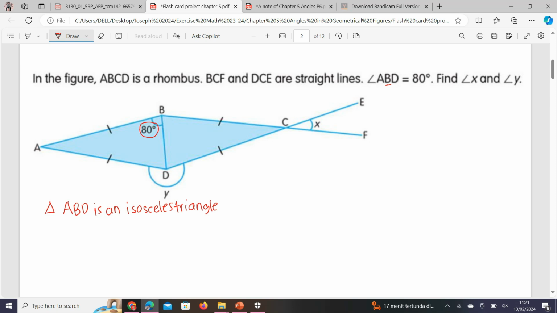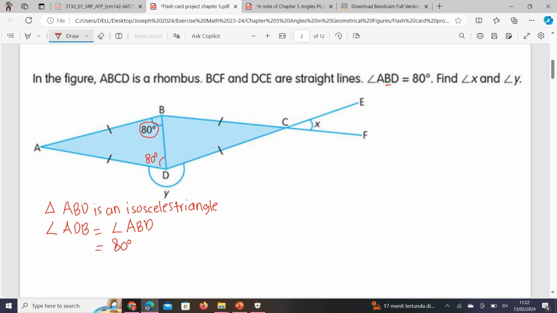The triangle of ABD is an isosceles triangle. Then you can find the angle of ADB. The angle of ADB equals 80 degrees. Or if you forget, remember the angle of ADB equals the angle of ABD, which equals 80 degrees.